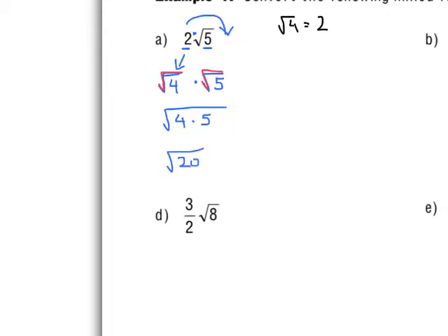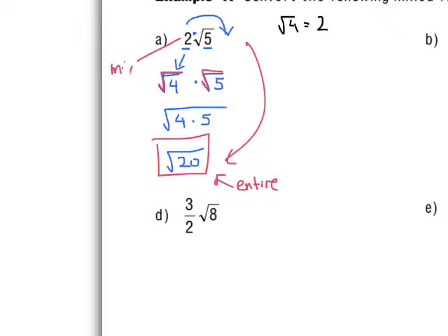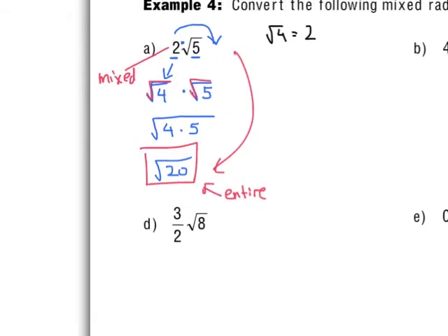That's our final answer: we went from 2 root 5 all the way to root 20. So this is entire, and the top one is a mixed. Okay, moving on.